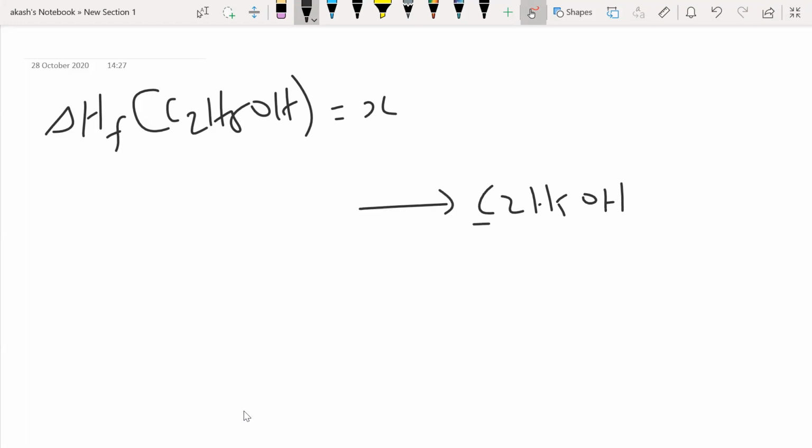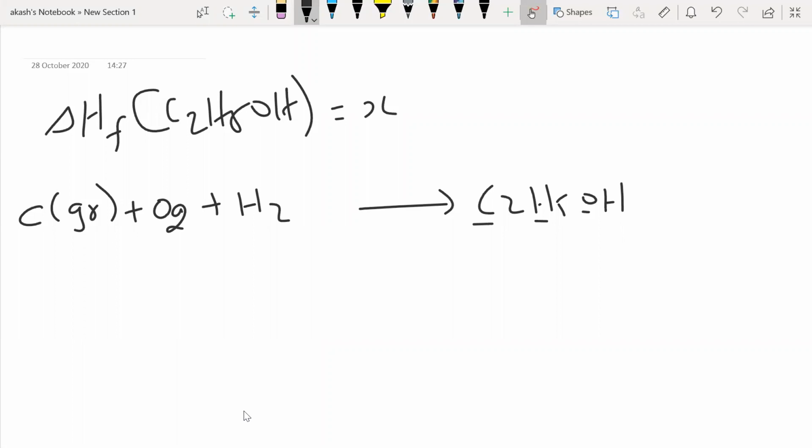And you can see there is carbon, there is hydrogen, and there is oxygen, right? So you have to make sure that the elements are there in the reactant side. So carbon will be in the form of graphite plus O2, and I have hydrogen, right? These are all the elements present in their standard states, right? But again, one more thing you have to make sure, what is remaining in this equation?